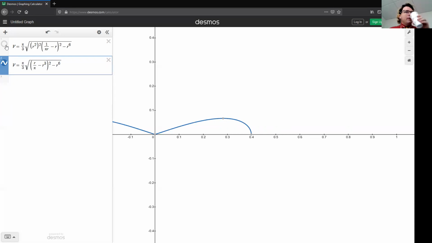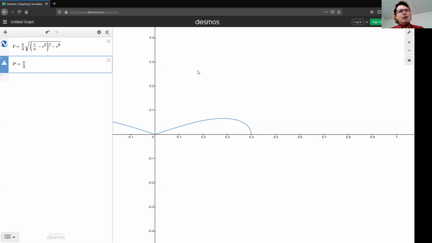The reason I have done this is to make calculating the derivative of this function a little bit easier. Now, I know that for my derivative, I need to use the chain rule. I have a polynomial inside of a square root.